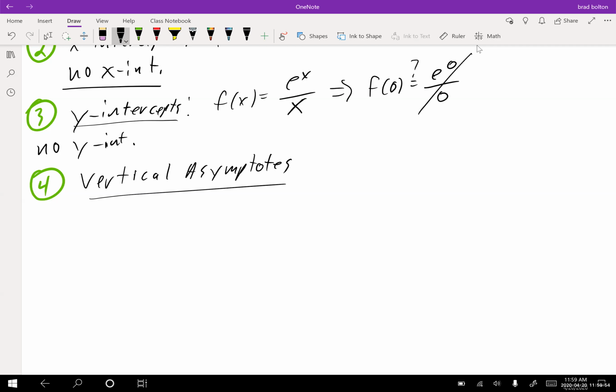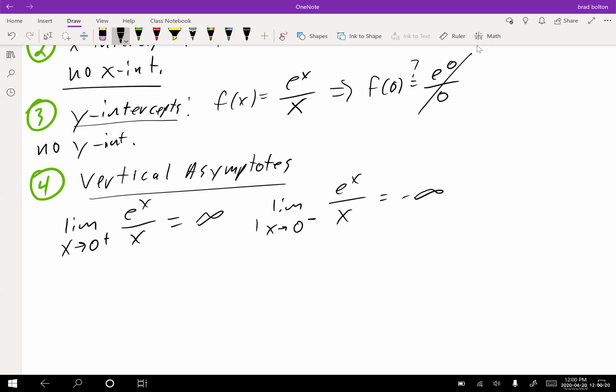So in this particular problem, we know that 0 is a problem. So we let x approach 0 from the right or from the left. And this would become e to the x over x. Well, this would become infinity. And the limit as x approaches 0 from the left of e to the x over x would equal negative infinity.